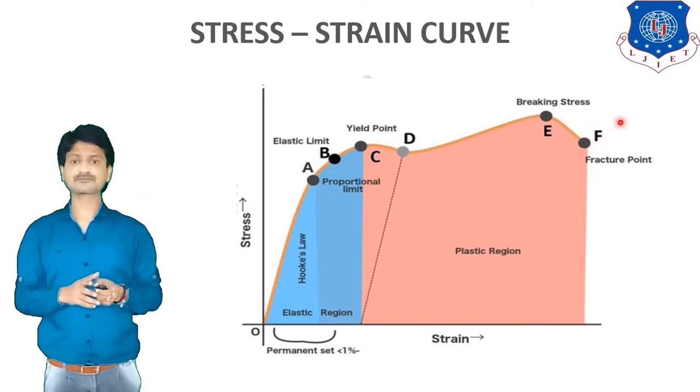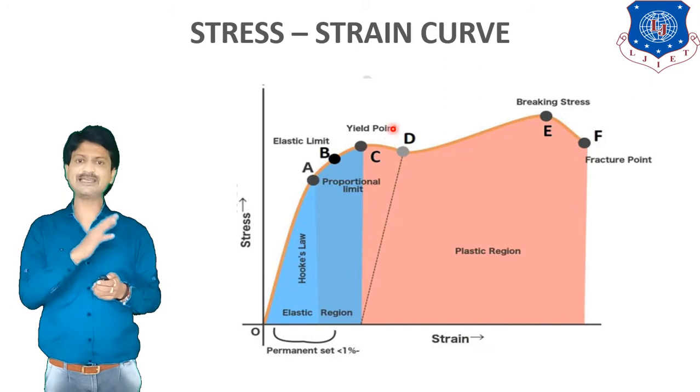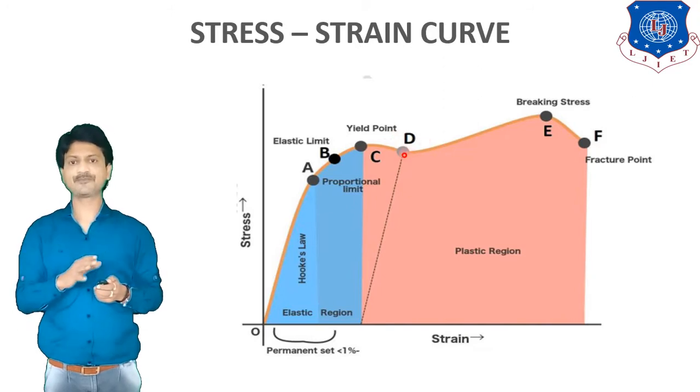So here in this stress strain diagram we have discussed the first point, that is elastic limit. Next is the upper yield point, then the lower yield point. At point D it is the lower yield point.